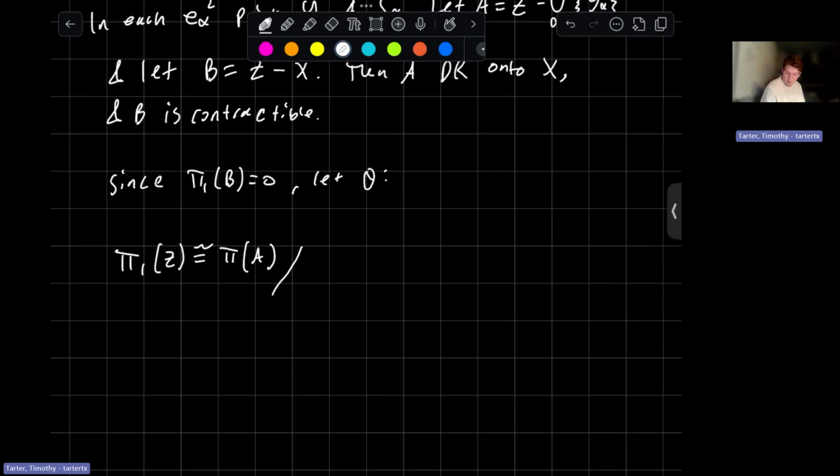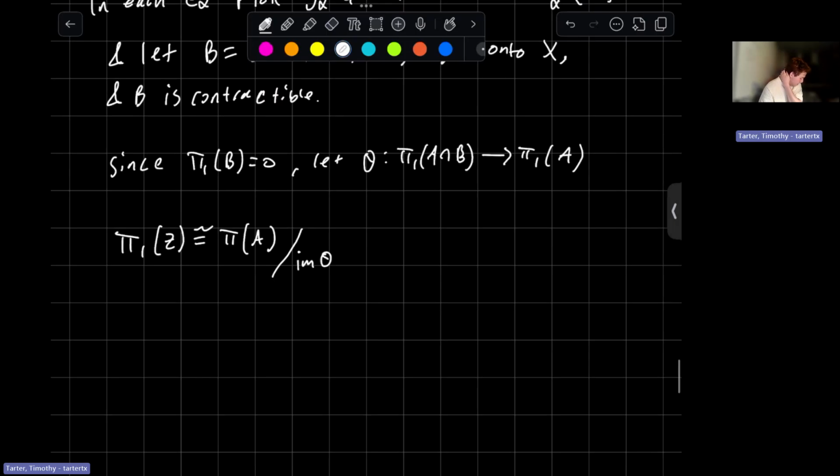Let theta be from pi 1 of A intersect B to pi 1 of A by, I'm guessing, the inclusion map.